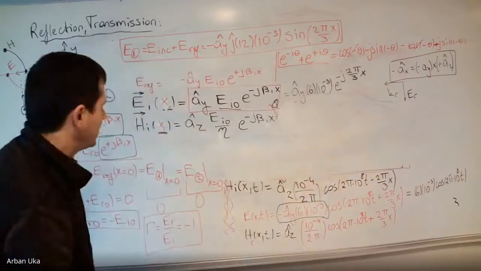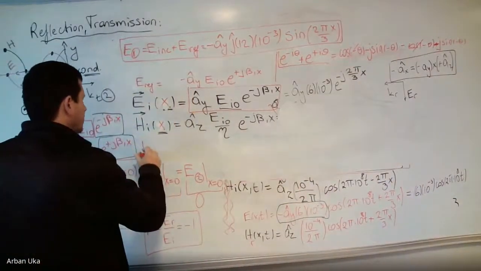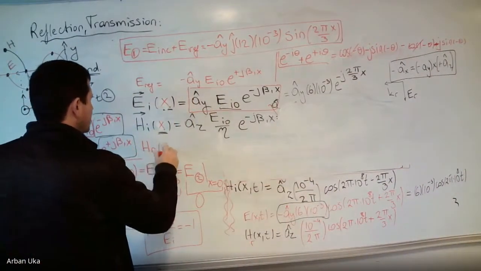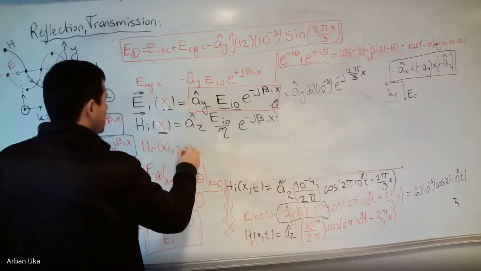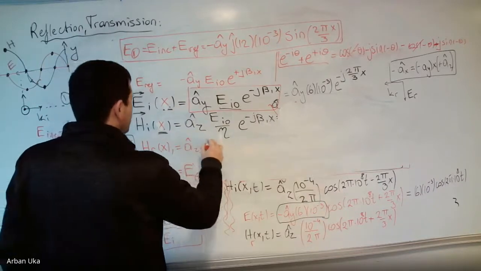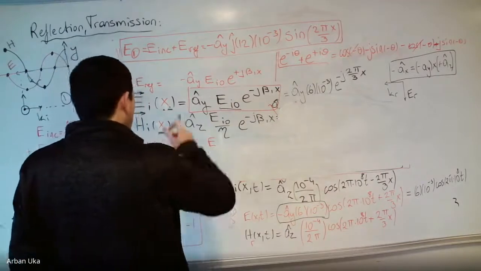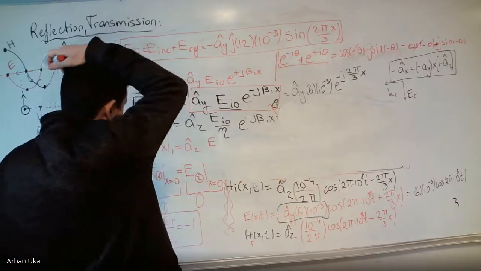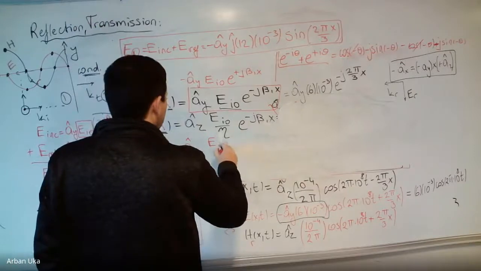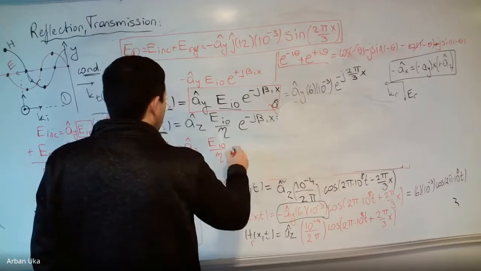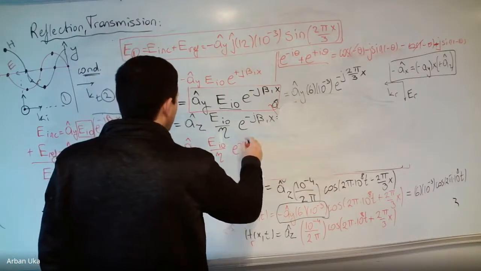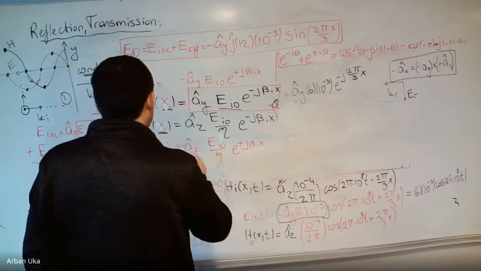The reflected H is going to be the following. We have H reflected as a function of x. This would be equal to AZ times, the amplitude of the wave is going to be the same, so incident over eta 1, e to the power plus j beta 1 x.